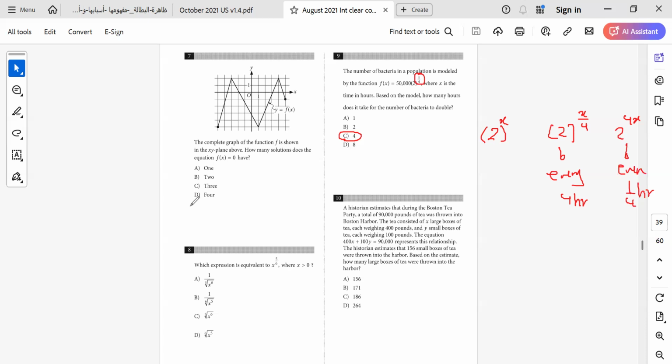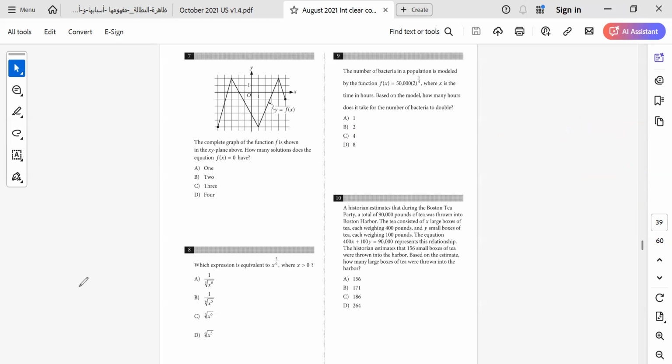Question 10. He said the historians estimate that during the 20th century, the total number is given over t. He gives me an equation and he gives me the number.